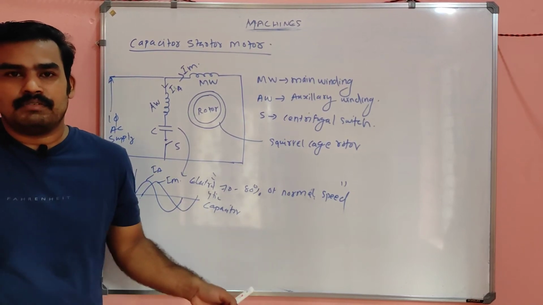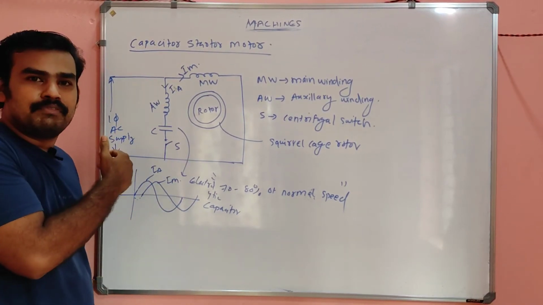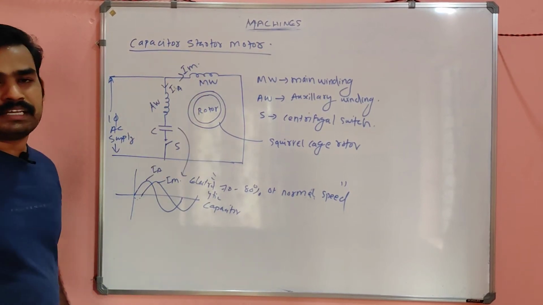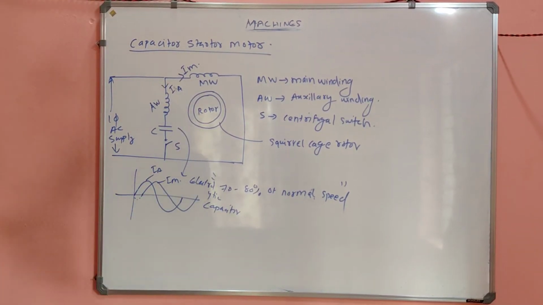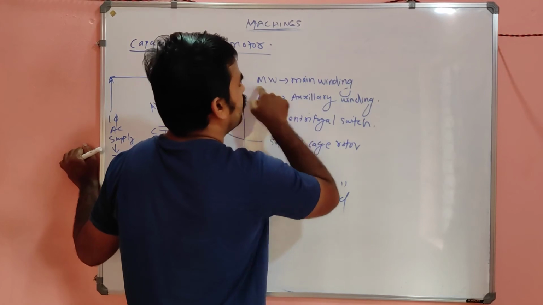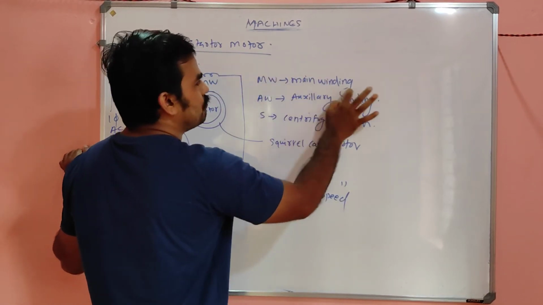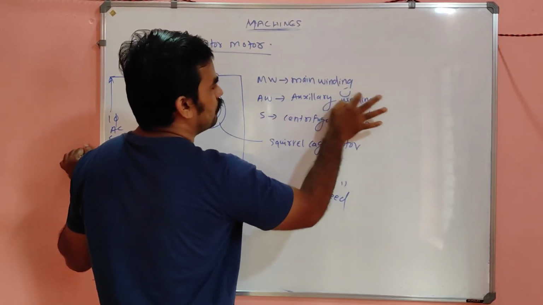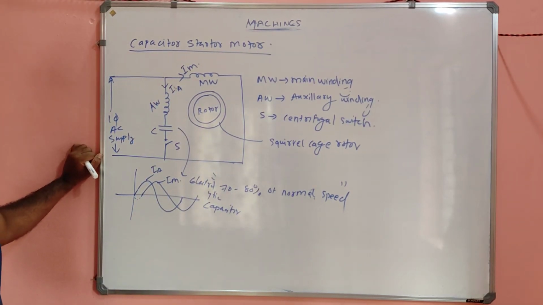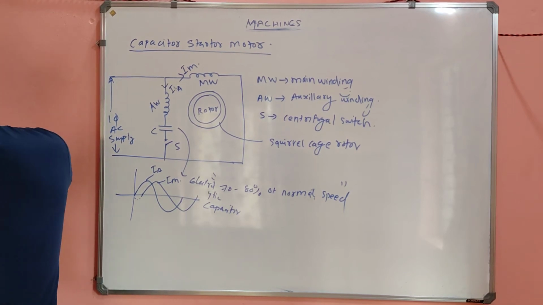After that you can simply exit from the auxiliary winding. It will continuously rotate using the main winding. The main winding will be continuously operating for a long time, always with the motor, but the auxiliary winding is just for some time. Okay, is it clear, my dears?